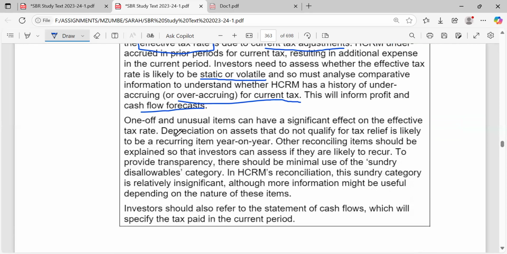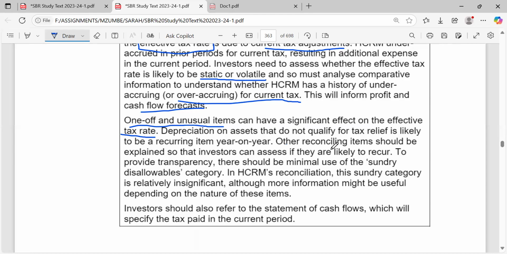One-off and unusual items, the items which occur just once, can have a significant effect on the effective tax rate. There could be something happening which could raise or lower taxes a lot, but just once. Depreciation on assets that do not qualify for tax relief, for example, is likely to be a recurring item year on year.